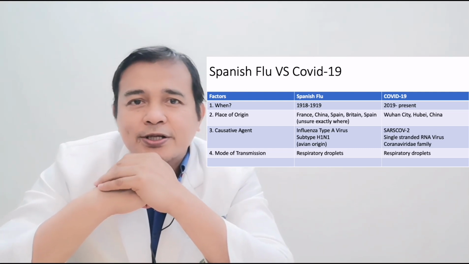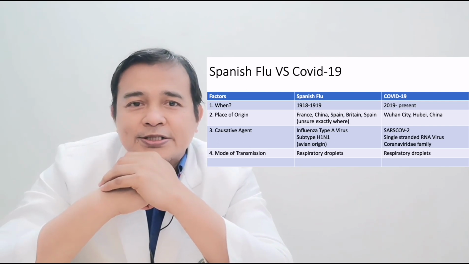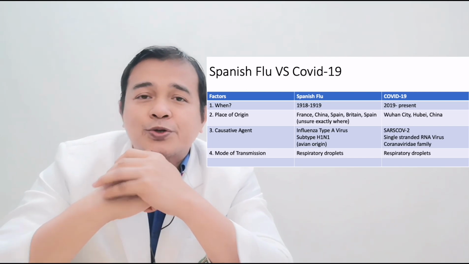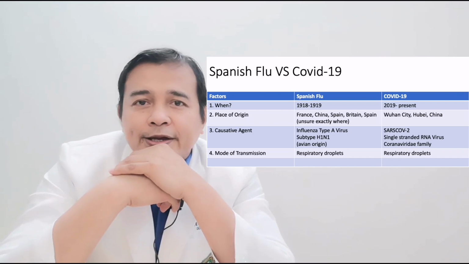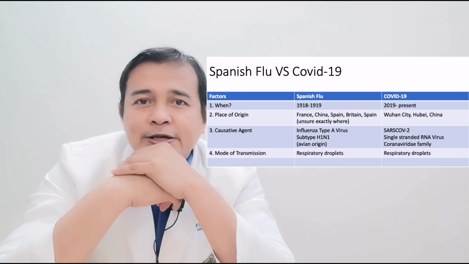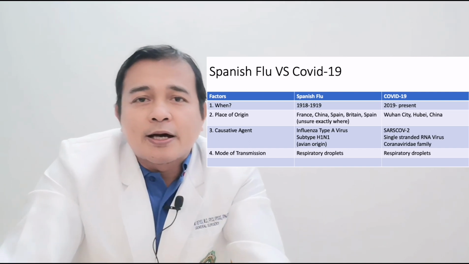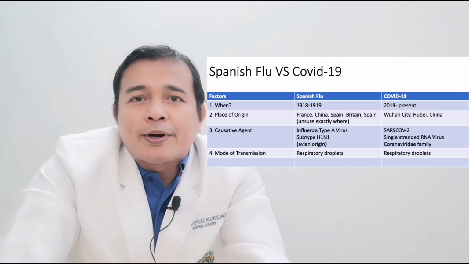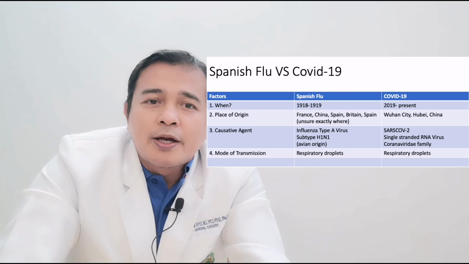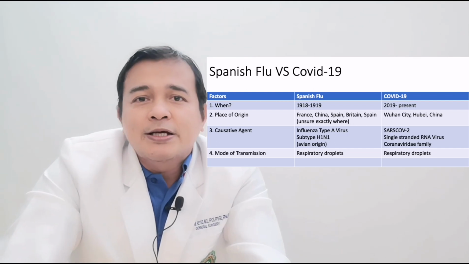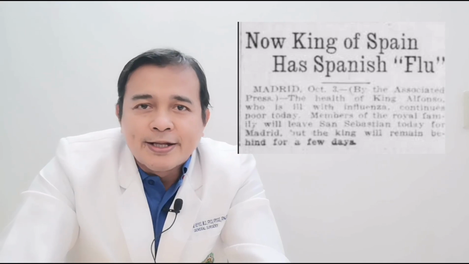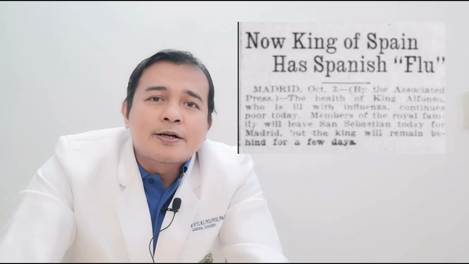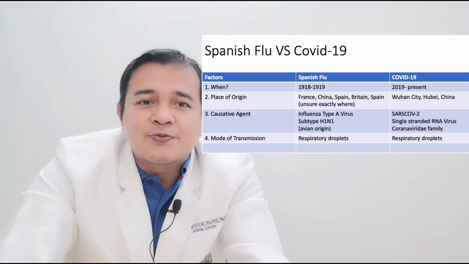And the country of origin is unsure, because during the time there was World War I, and the countries from where this pandemic started were hiding the information, and Spain is the only country who first reported the cases of Spanish flu.